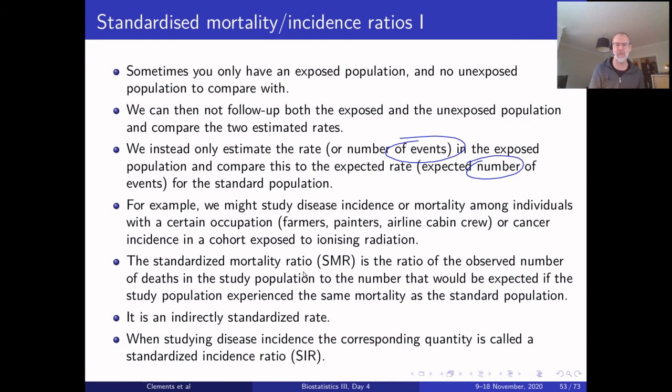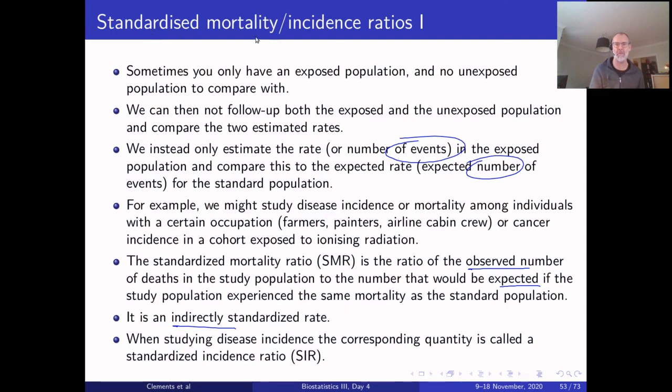The standardized mortality ratio is the ratio of the observed number of deaths in the study population to the expected number of deaths if the study population had experienced the same mortality as the standard population. And this is an indirectly standardized rate.